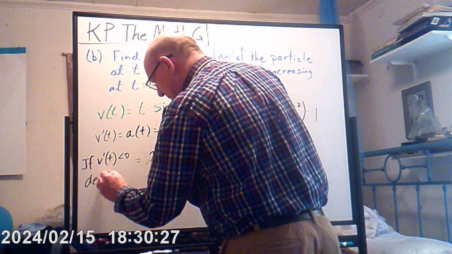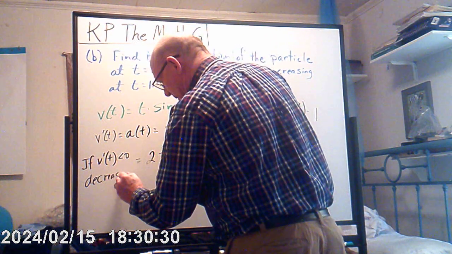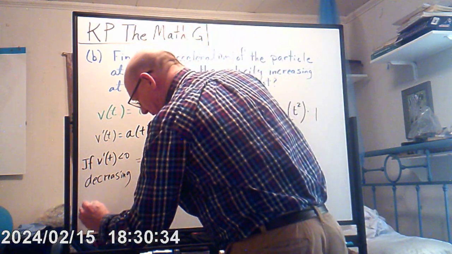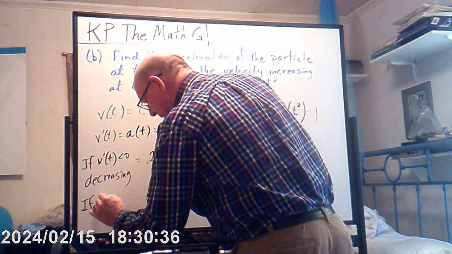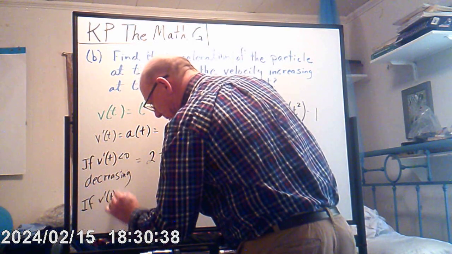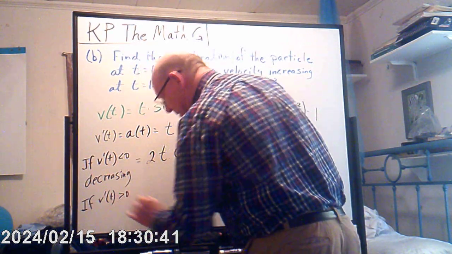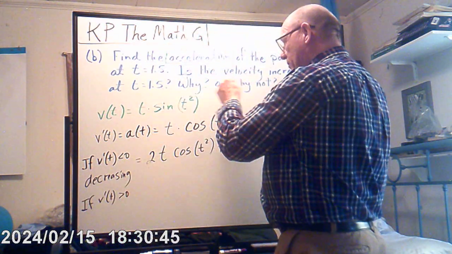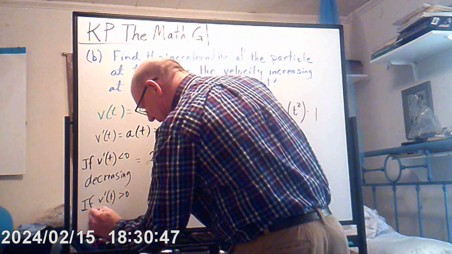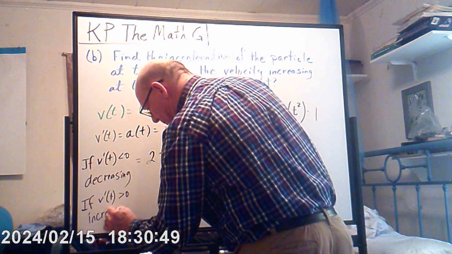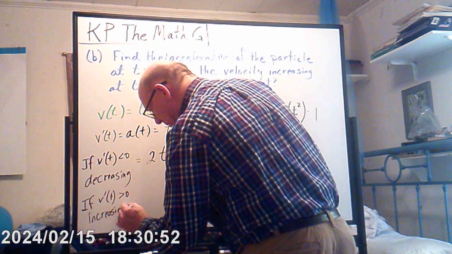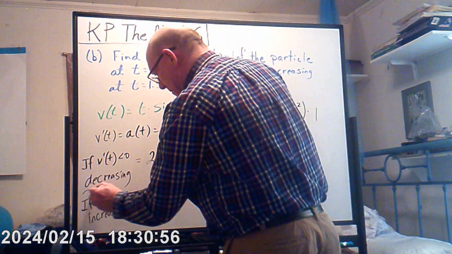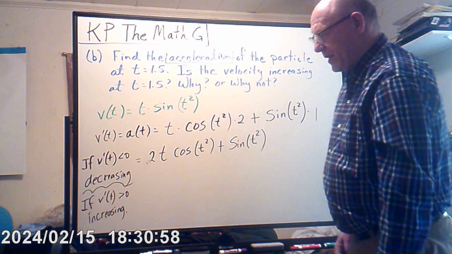Decreasing. Now if v prime at t, the derivative, is greater than 0, then the velocity is increasing. That's what we mean here.